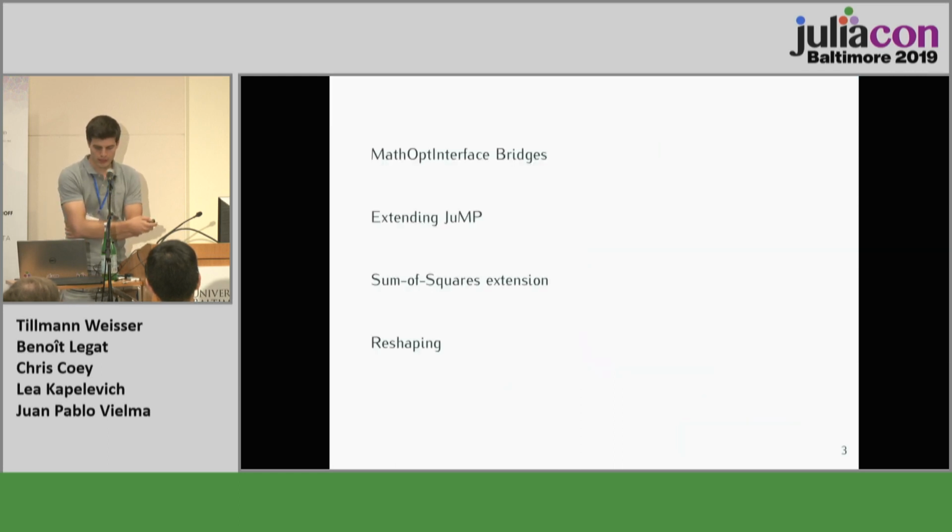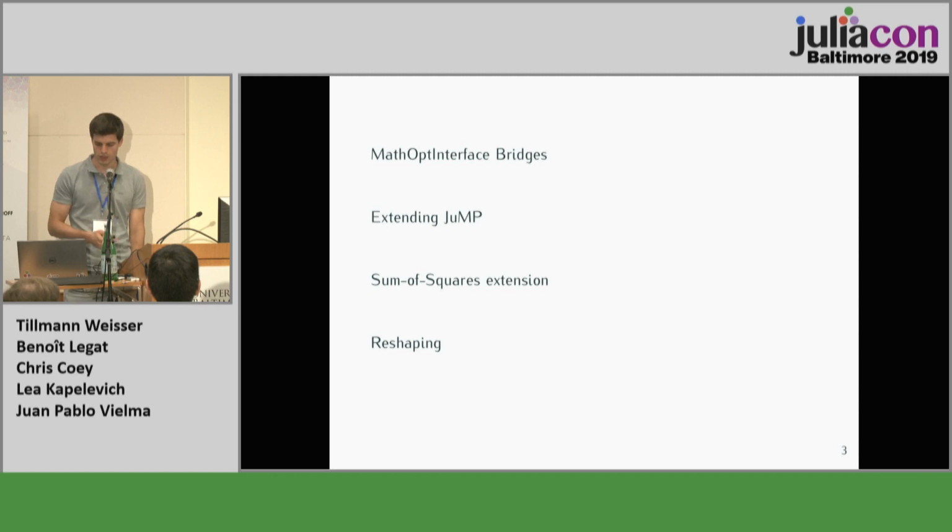So I start by what are these bridges, and what's MathOptInterface, the new interface of the new version of JuMP. And then that will show you how to actually extend the interface, so it actually adds new modeling facilities and is able to expose new structure also to the solvers.